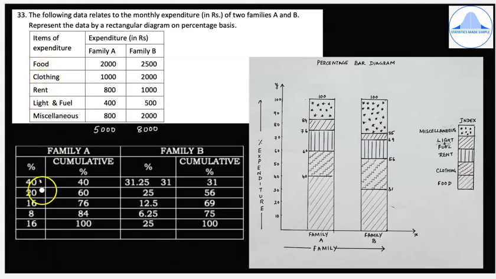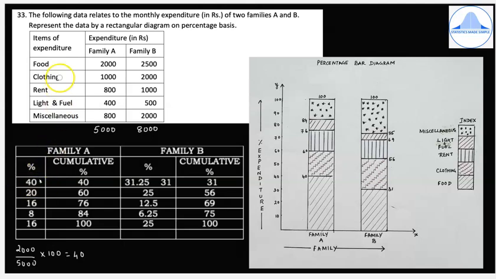It is for family A, the expenditure of food is 2000. So 2000 you have to divide by the total expenditure, that is 5000, into, because it's a percentage which we are calculating, we multiply it by 100, and on simplification we get 40. So that's how we got this 40.